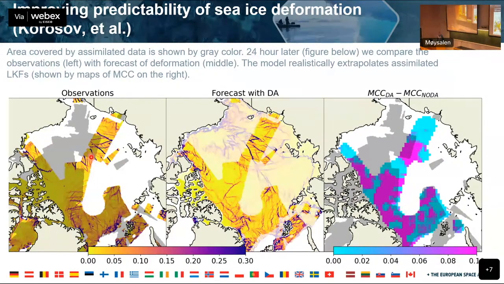And there is some area where we didn't have observations to assimilate, but we had observations to validate the model. And here is the forecast with data assimilation, and it shows that the model is capable of extrapolating the assimilated deformation in a realistic manner, so that the forecasted deformation fields are correct even outside the area of assimilation.